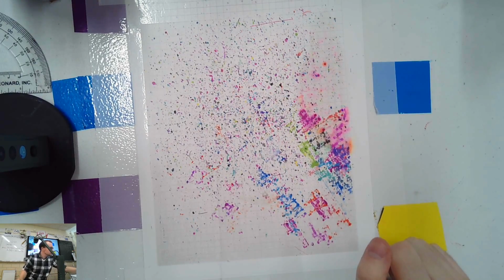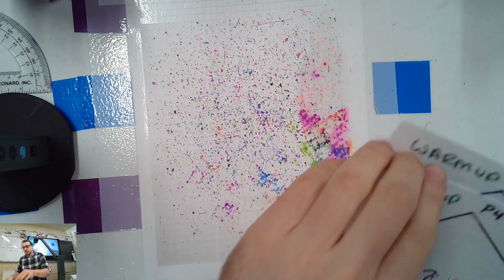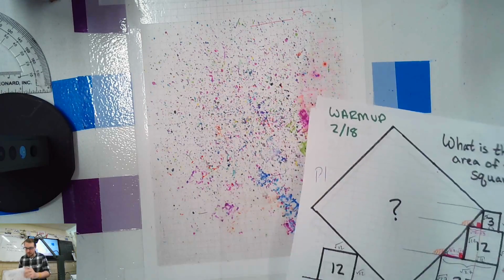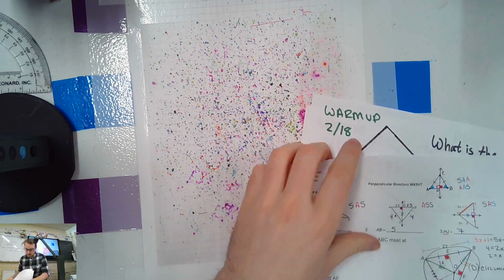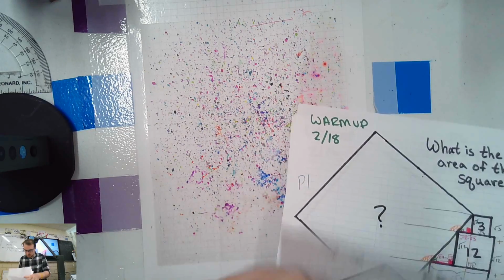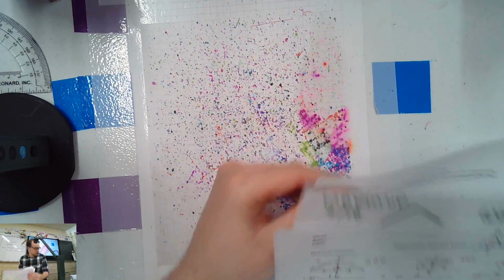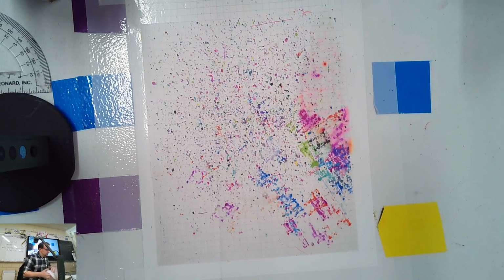Let's put that away. Good job, guys. Excellent effort today. I really appreciate it. All right, let's finish this up. You are period 3. Where's my period 3 one? It's period 1. Is it in here? I think it's in here.